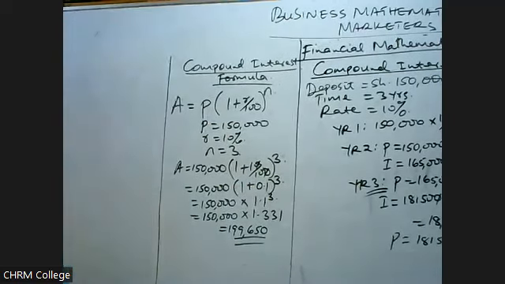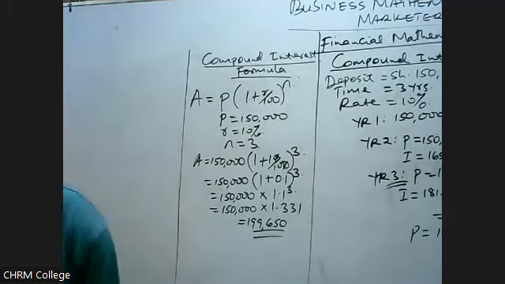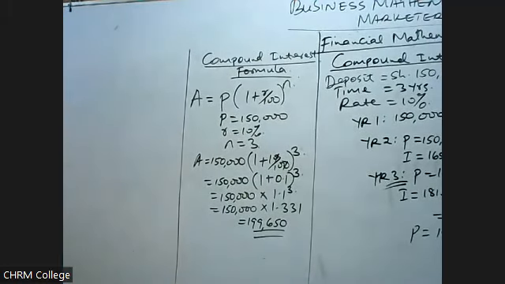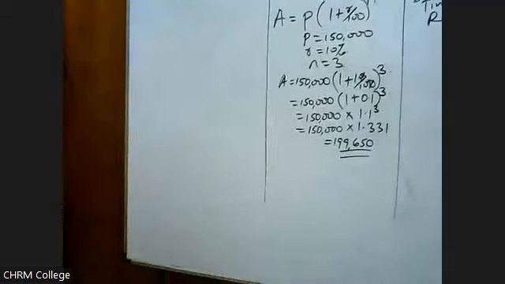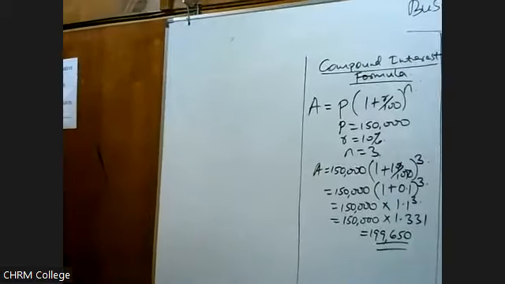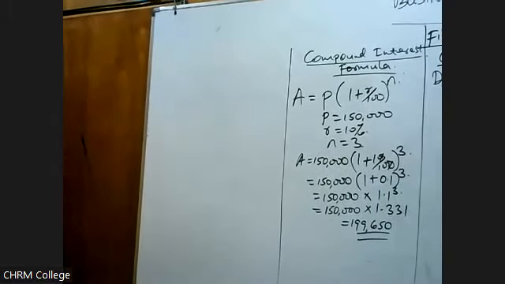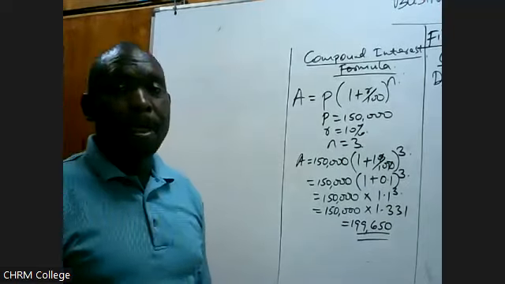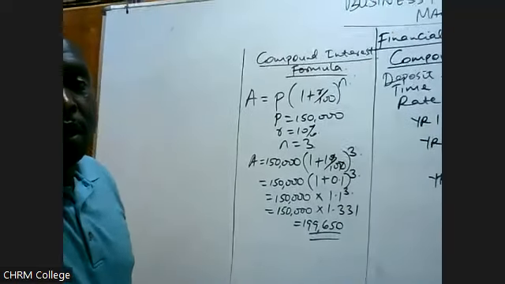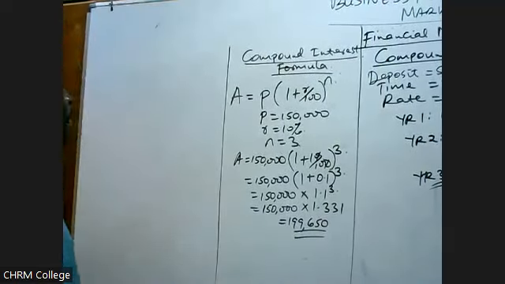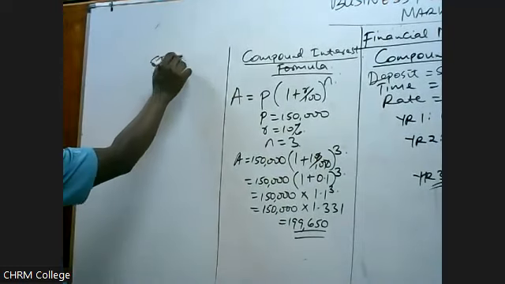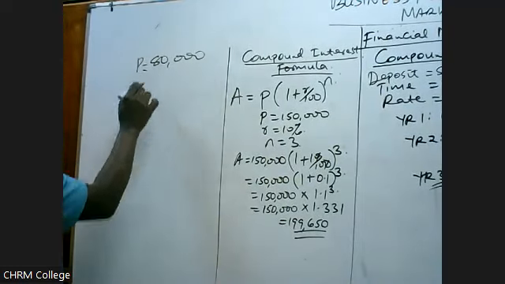Let me give you another illustration. Maybe a businessman borrowed 80,000 shillings. That is what was borrowed.